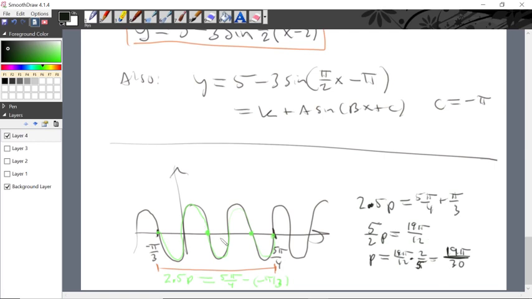I counted the number of complete cycles over a horizontal displacement that we can figure by the given x-coordinates. What I did not do was assume to know the values at this x value or this x value right here.